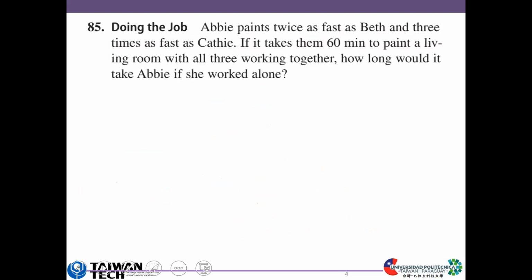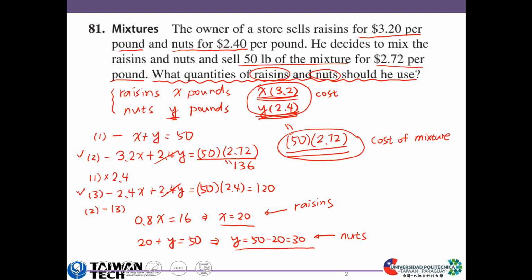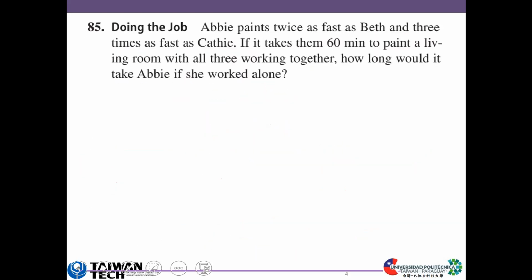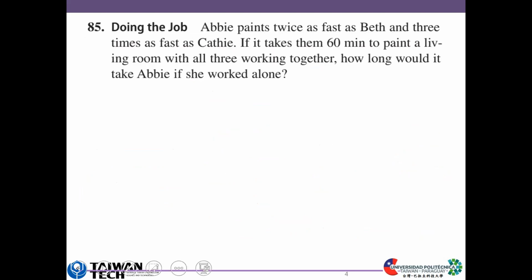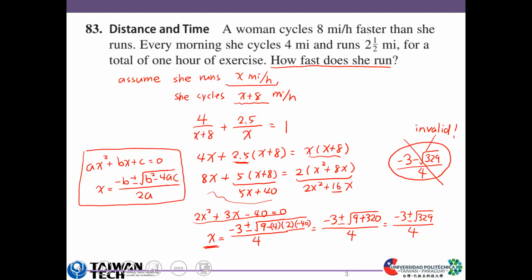Because this answer is a negative value, and the definition of speed is always positive, this answer is invalid.